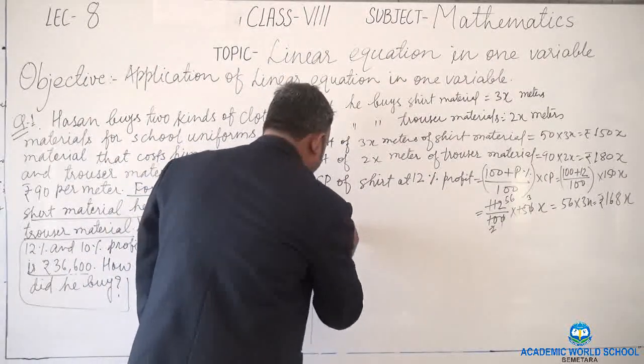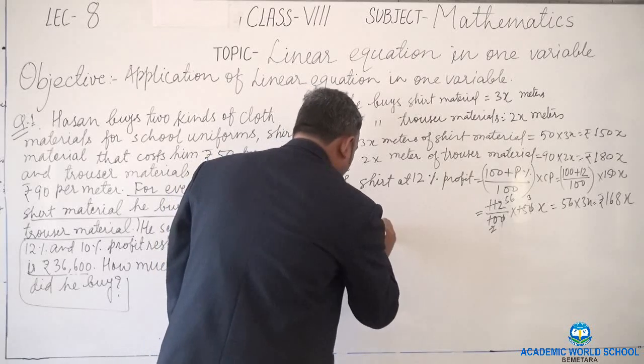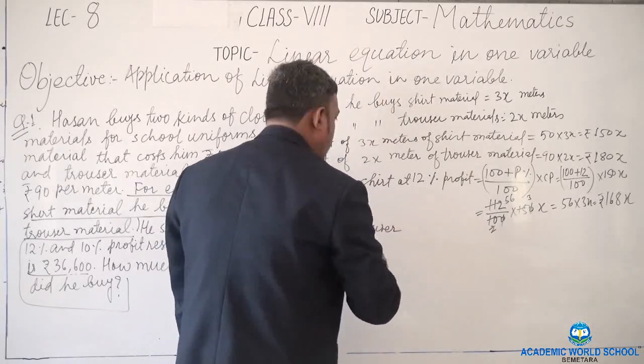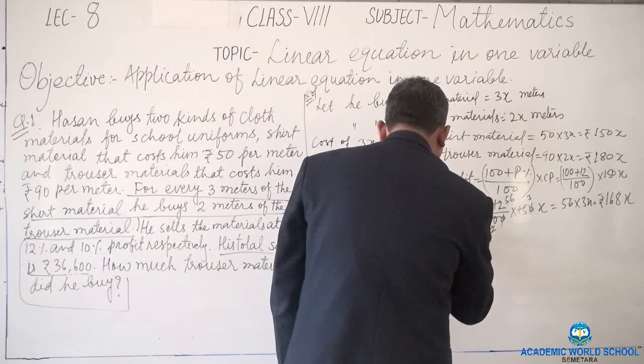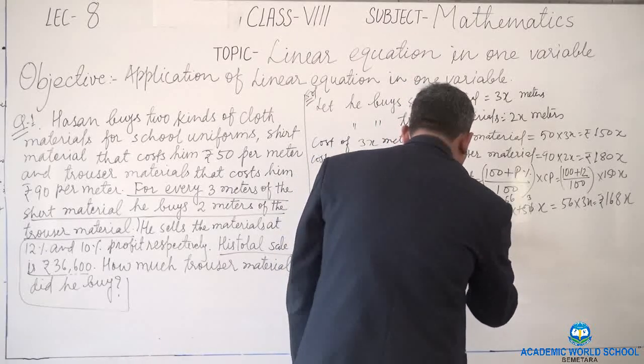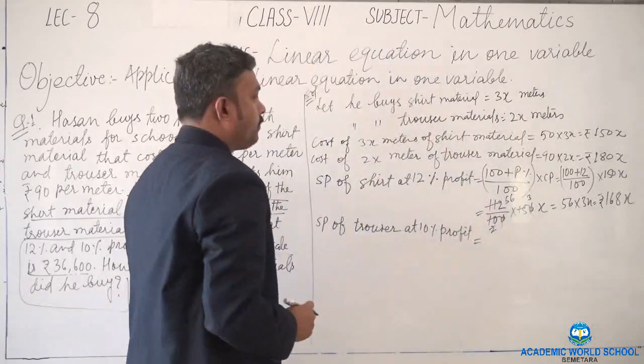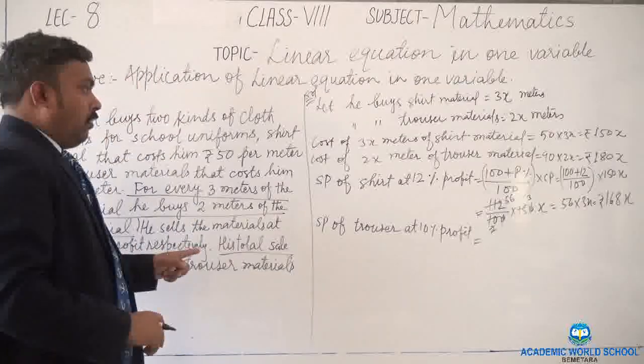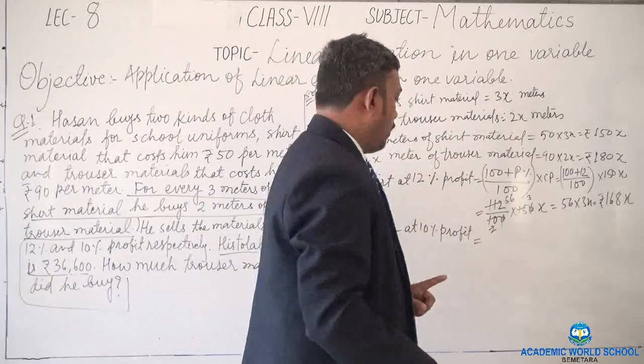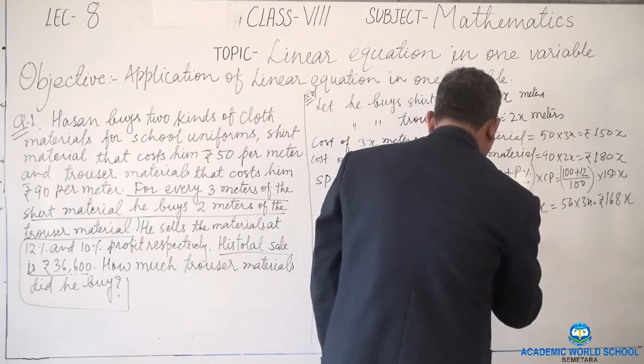Same, we find the selling price of trouser at 10% profit. You see that? The same formula we are going to use here, so I will not write the formula again.